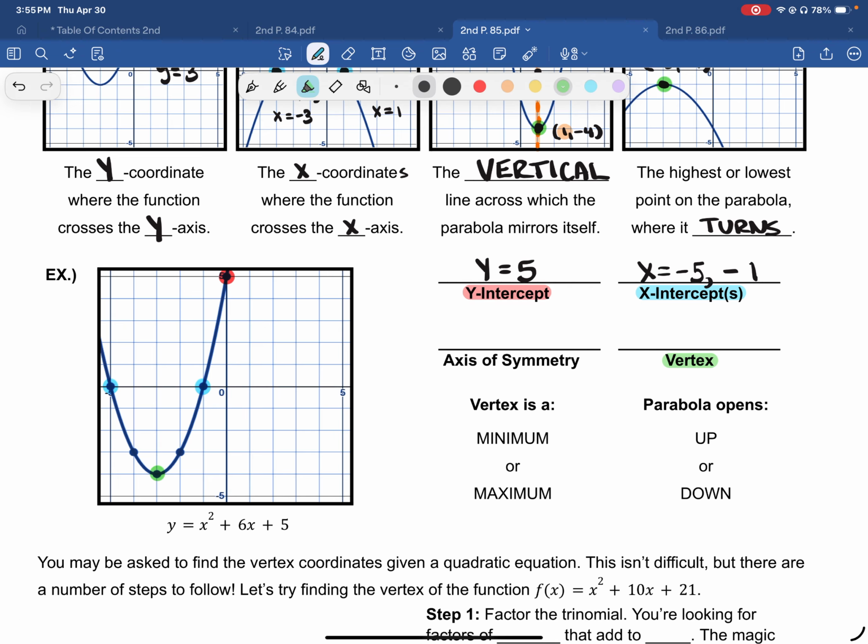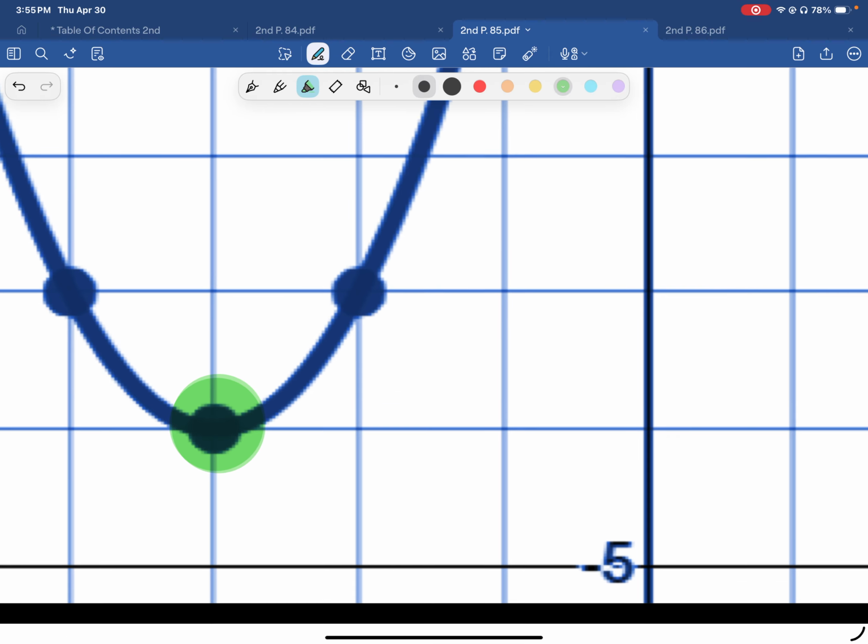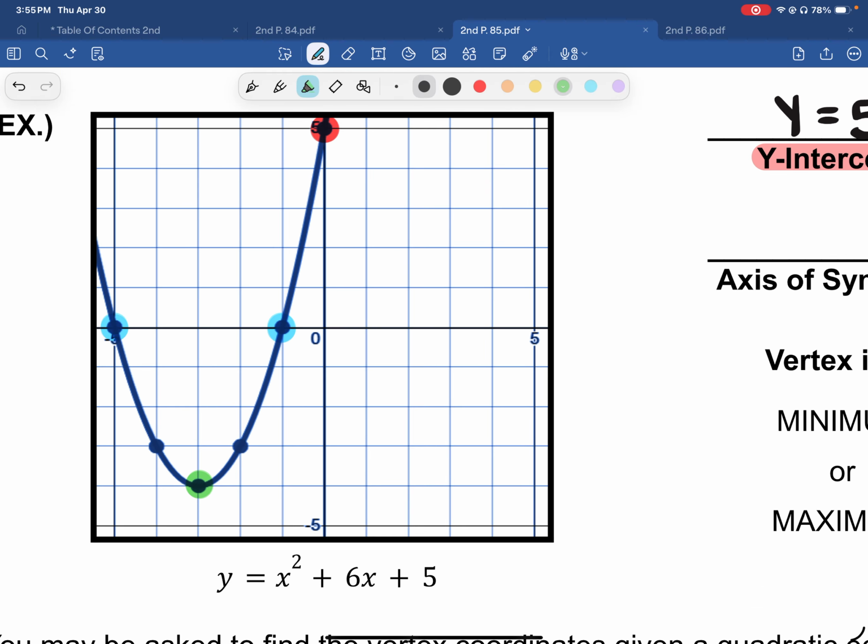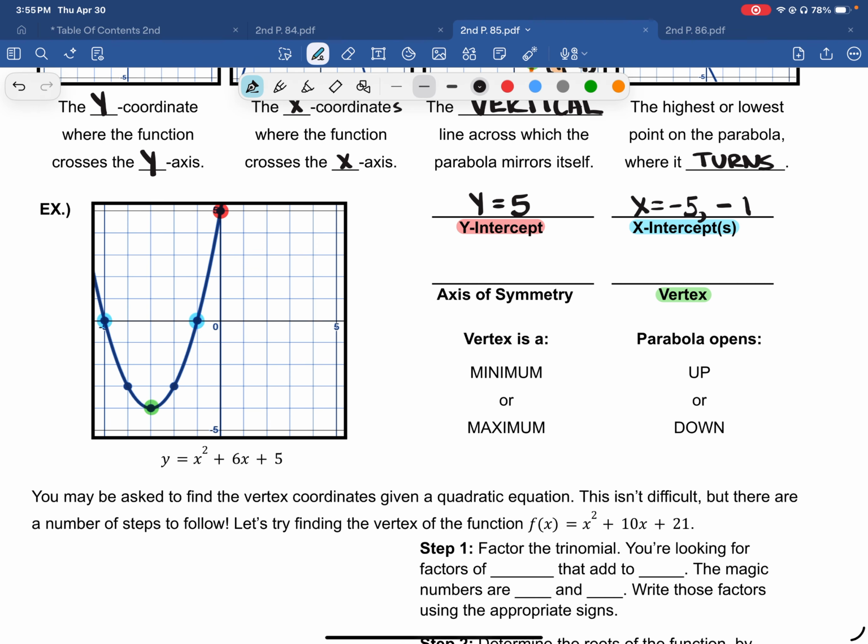I honestly feel like the vertex is easier to find first. The vertex is this low point way down here. And that one you always have to write as an ordered pair, and it is the ordered pair -3, -4. The reason I find it so much easier to find the vertex first is once you found the vertex, you found the axis of symmetry.